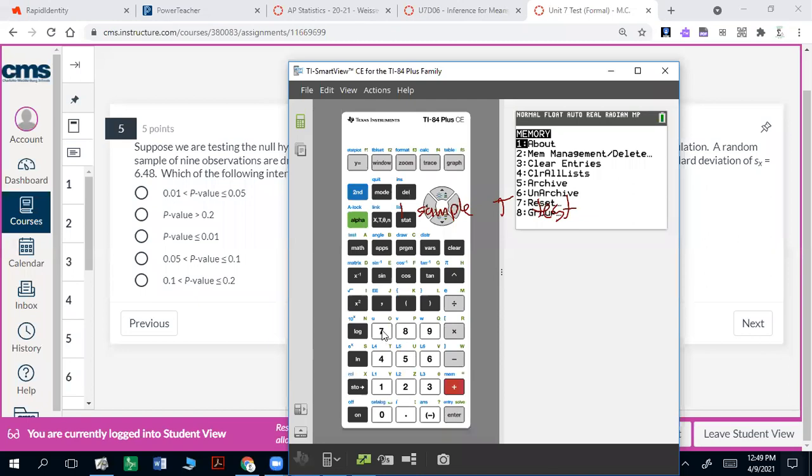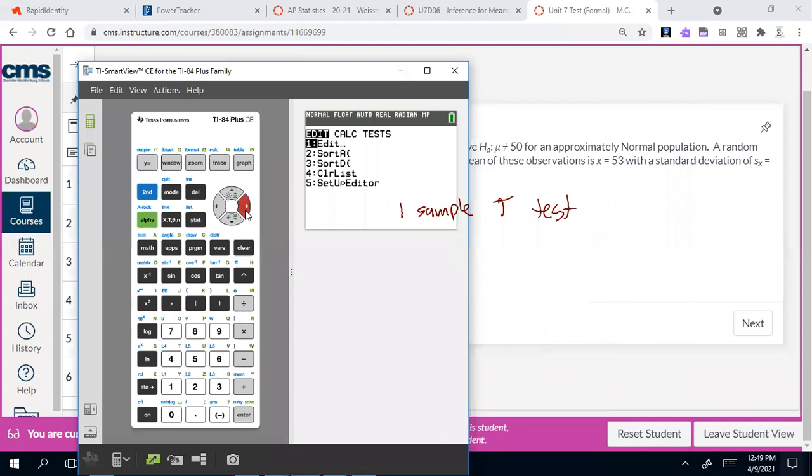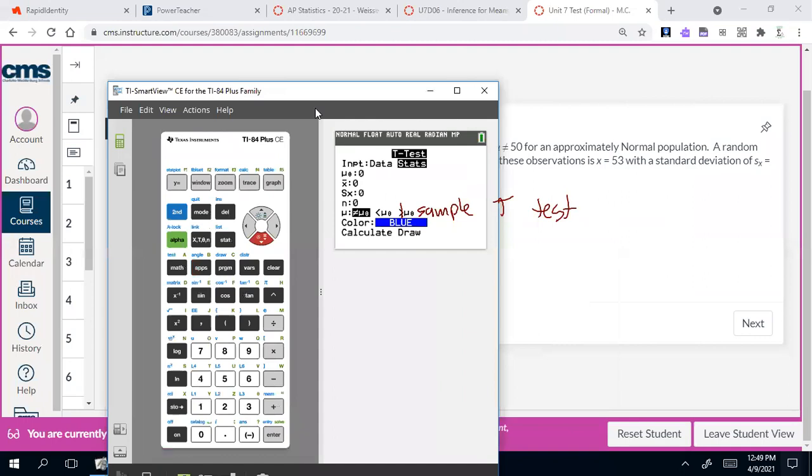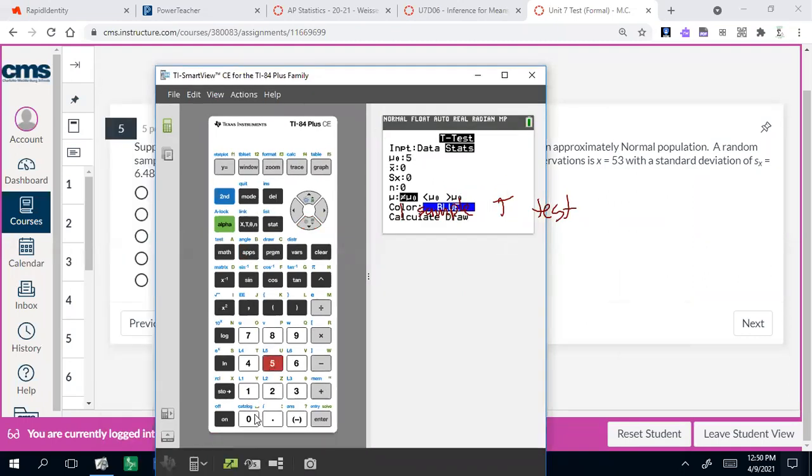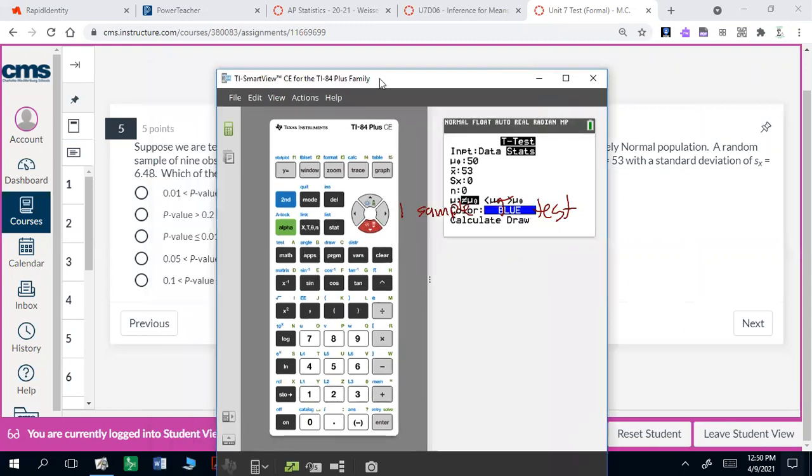Second plus 712. Let me clear the memory for a second. All right, so let's go over here. We're going to go to test. We're going to go to t-test. We're going to go to stats. We're going to input our data. So our null, we said is 50. So put that in there. Our sample mean is 53. Our standard deviation is 6.48.